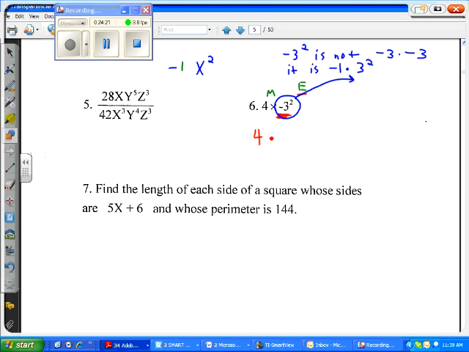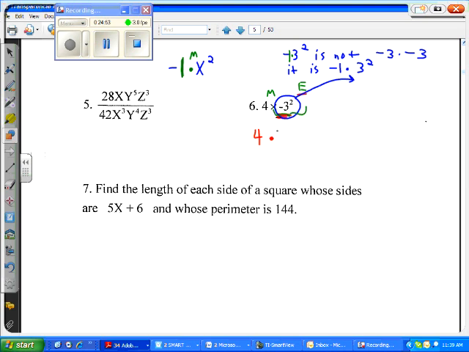When there's a variable, then we realize there's an understood 1, and that understood 1 must be being multiplied. So we have to apply that same thing to a number. And so if we have negative 3 squared, we have to realize it's a negative 1 understood times 3 squared, just like that negative x was a negative 1 understood times x squared.